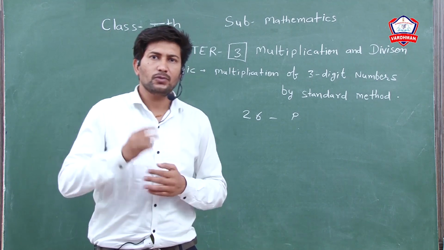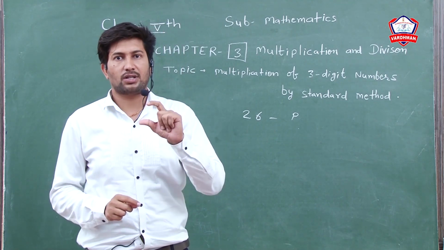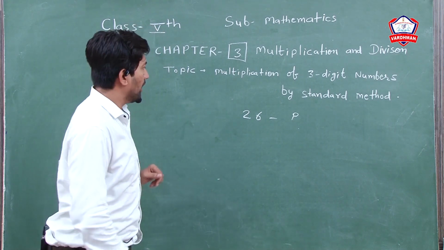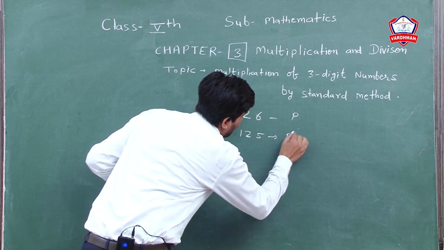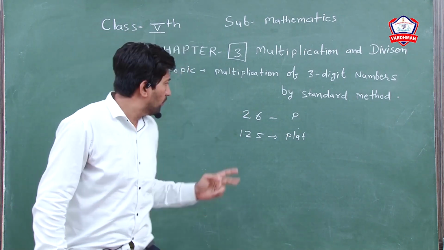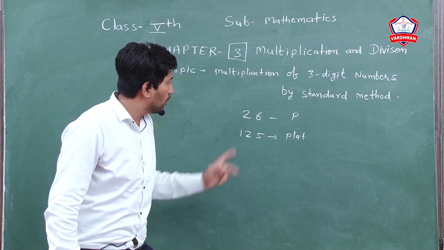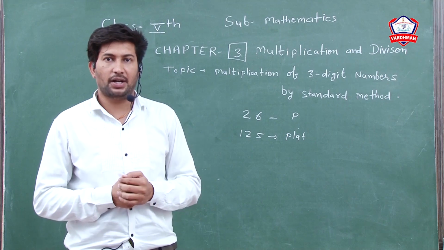Now, you already know that the cost of one plate of food is 125. One plate costs 125 and 26 people had food.